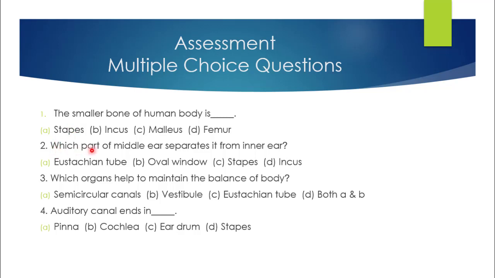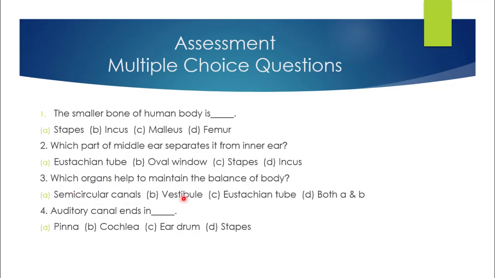Number 2, which part of middle ear separates it from inner ear? Eustachian tube, oval window, stapes or incus. The correct answer is oval window. Number 3, which organs help to maintain the balance of body?